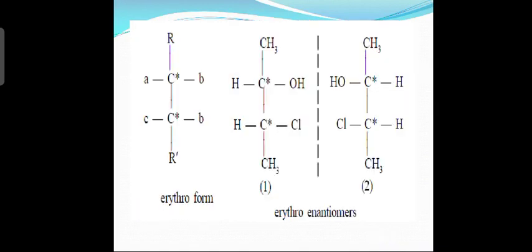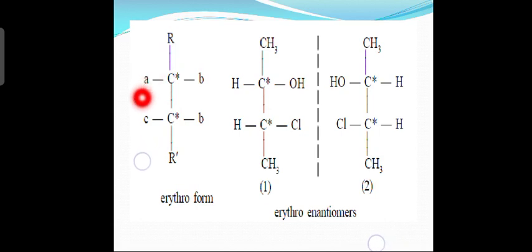Okay, next slide. Now here are the structures for the erythro form. Now this structure is known as the Fischer projection formula. Okay, R, A, C, B and then C. This capital C is the carbon atoms, alright, and these B are substituents, R' is a substituent, C and A are substituents, even R is also a substituent.